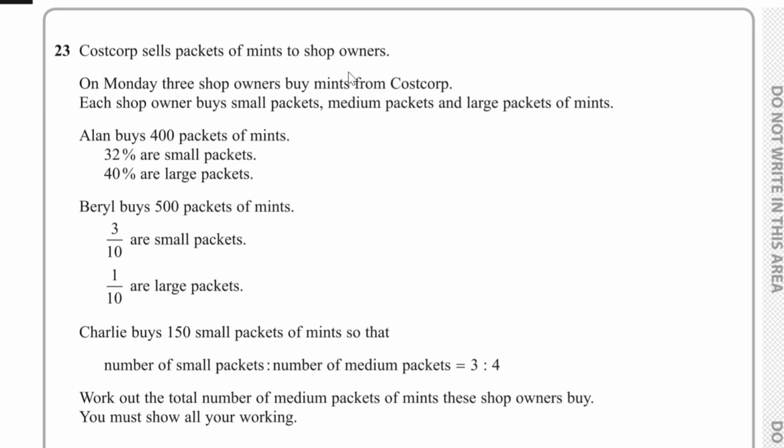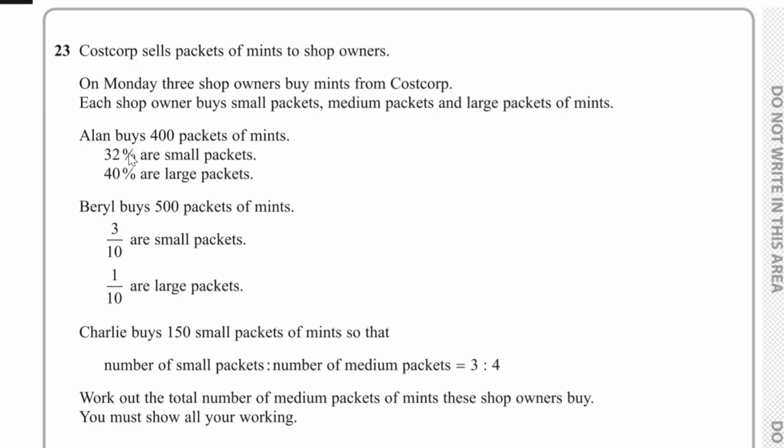Beryl buys 500 packets of mints. 3/10 are small packets, 1/10 are large packets. Charlie buys 150 small packets of mints, so that the number of small packets to the number of medium packets is in the ratio 3:4. We have to work out the total number of medium packets of mints the shop owners buy. You must show all your working.